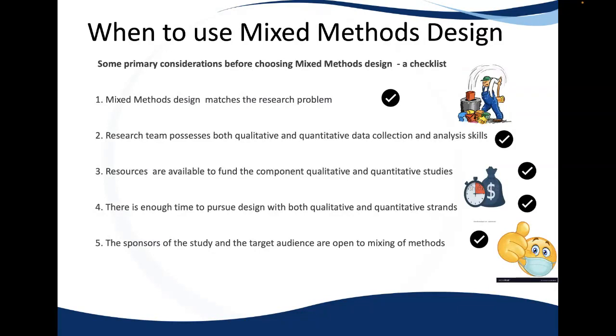I have already given to you some of the considerations that you have to go through when you're deciding if your study is going to be a mixed methods design study or not. So you must make sure you have a research problem that has both a quantitative and qualitative dimension.